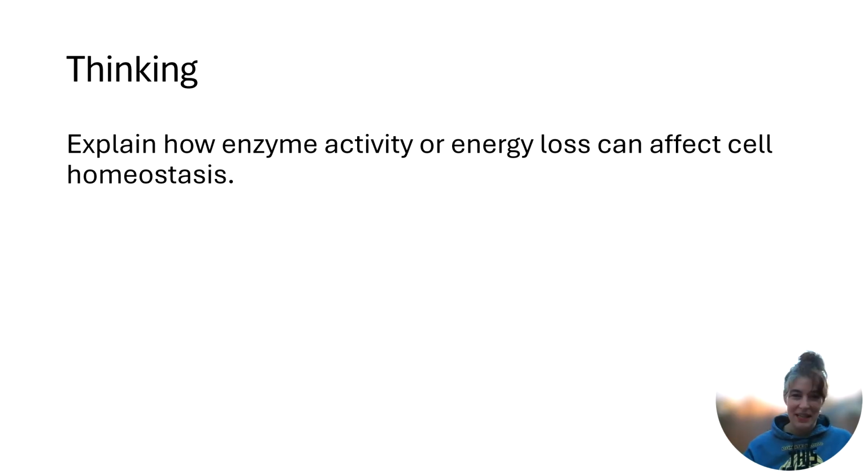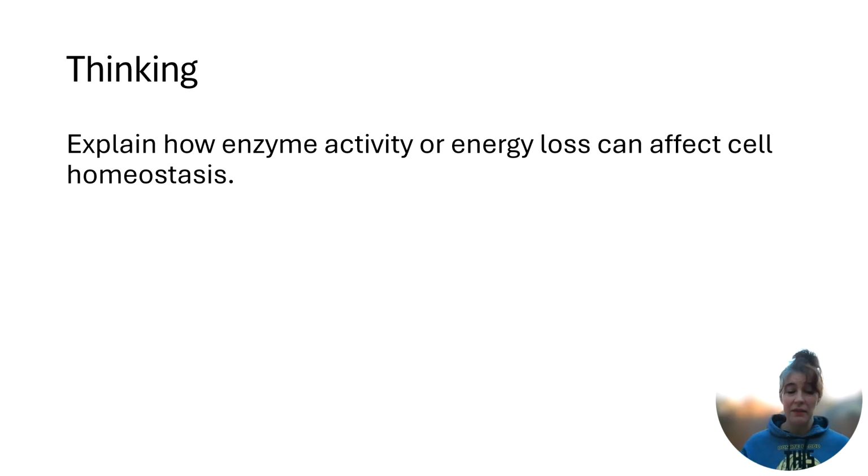So let's think. Can we explain how enzyme activity or energy loss can affect cell homeostasis? This is actually a big thought. Well, let's tear this apart. Let's look at the end of this concept. Cell homeostasis. Well, cell homeostasis is just the cell staying in balance.